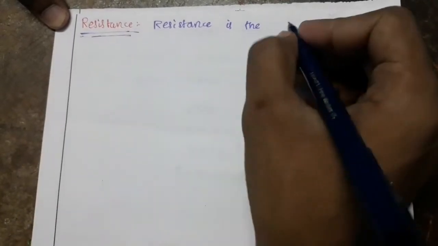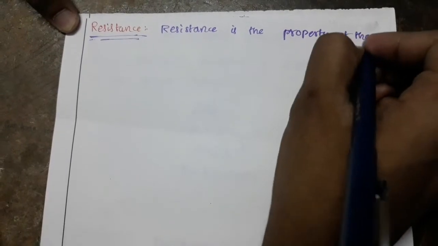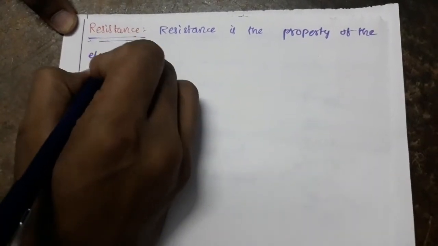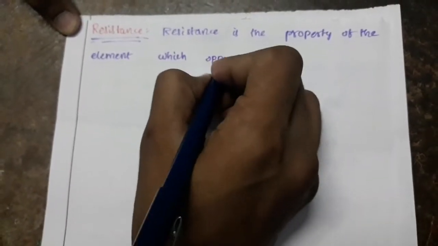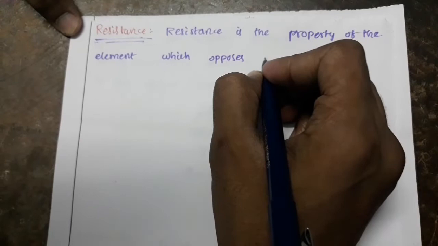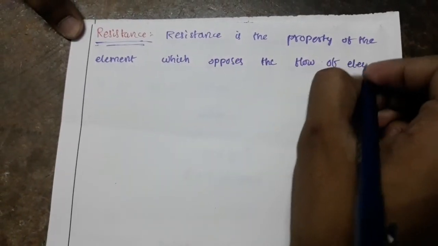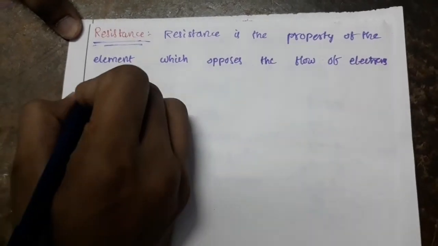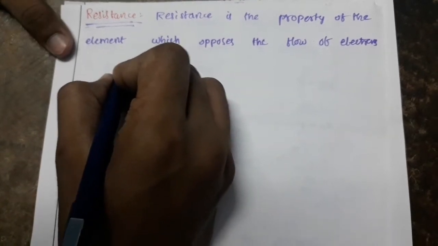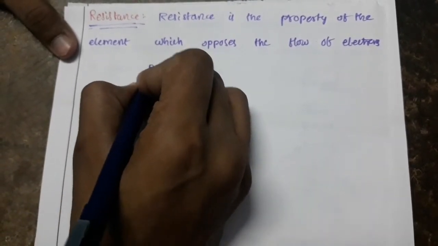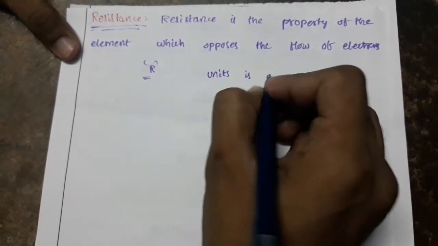Resistance. Resistance is the property of an element which opposes the flow of electrons or flow of current. It is denoted by R. Its unit is ohms.